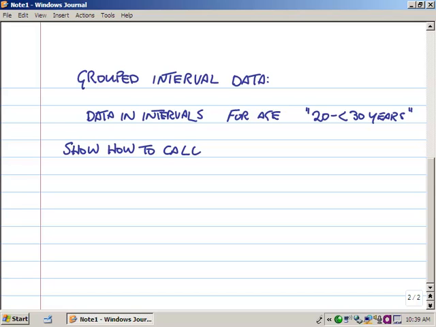So in this movie we're going to show how to calculate for the grouped interval data the average, the variance, and of course standard deviation, and now the median.